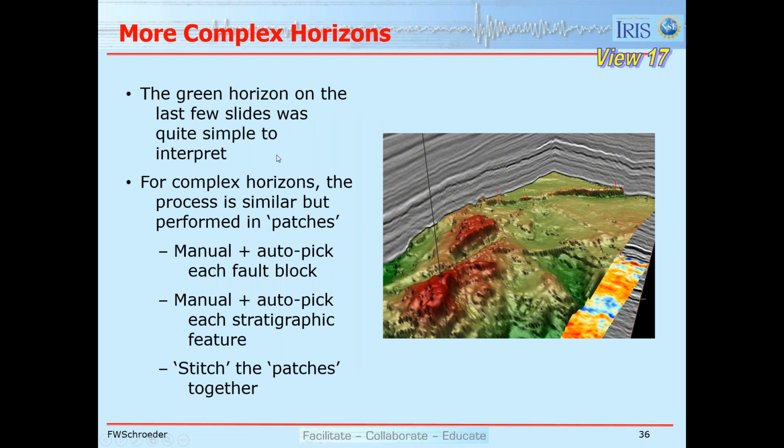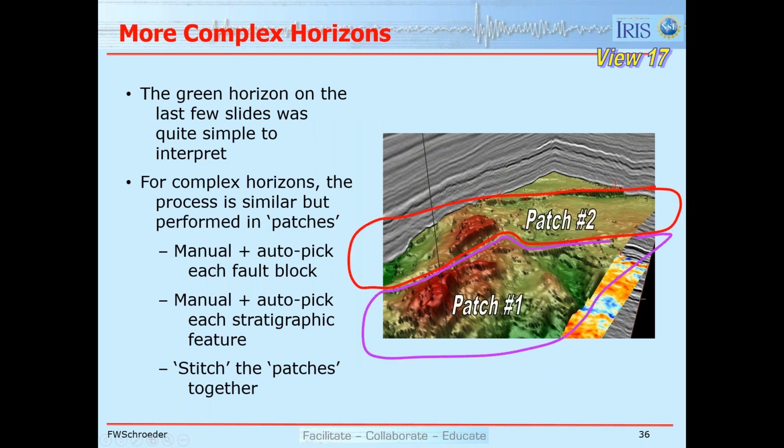So if we have a more complex horizon, what we would do is we would break the horizon into different patches, and those patches are separated by the faults that we picked. And so this might be patch 1 below a fault that runs between the purple and red line.